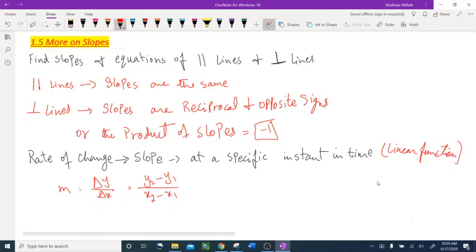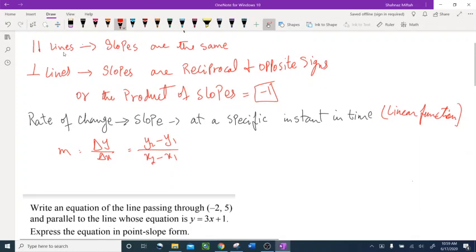Okay, now we have another one which is called average rate of change.